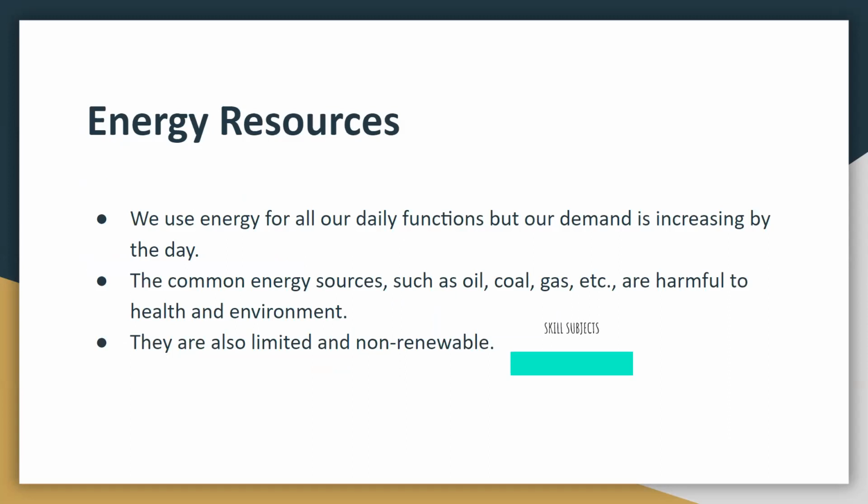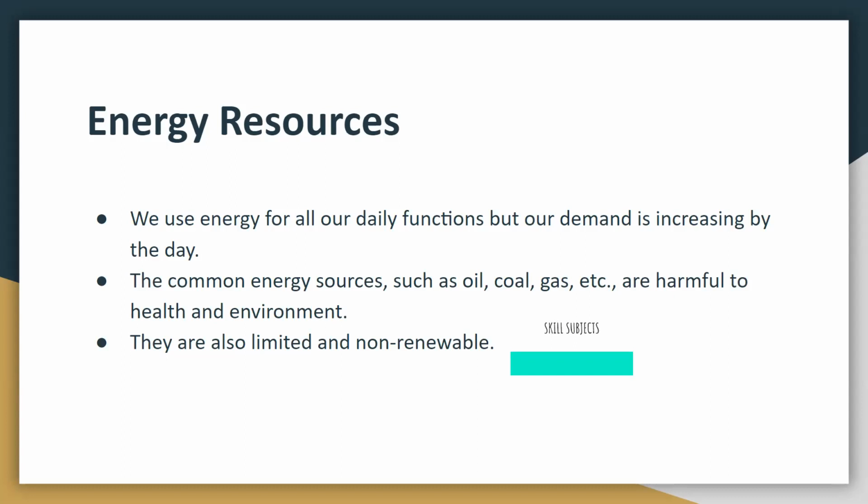Next is energy resources. Now, as we know, these energy resources are very limited, and if we overconsume them, then slowly it will all get damaged, used a lot, and then it is not going to help us in future. So we use energy for all our daily functions, but our demand is increasing day by day.